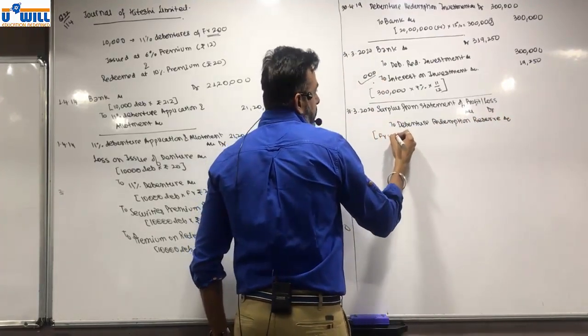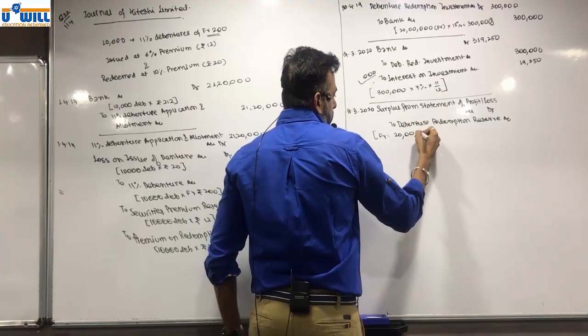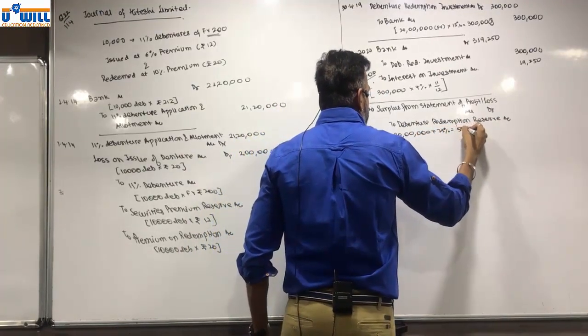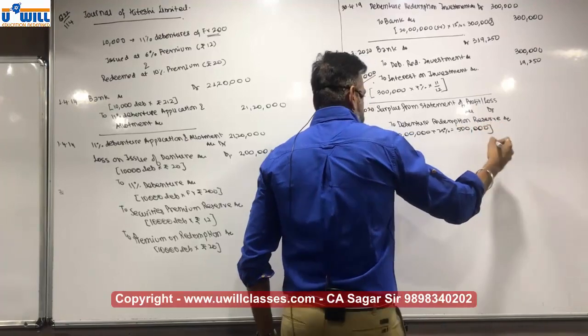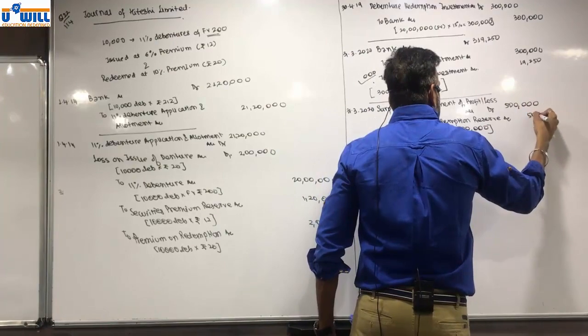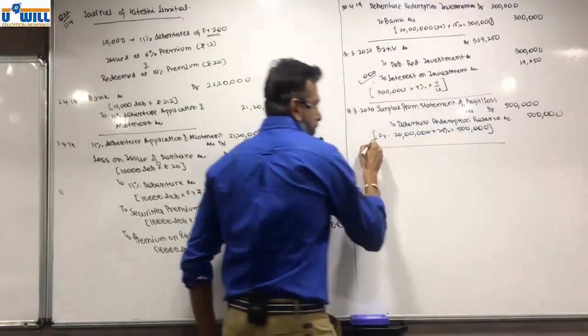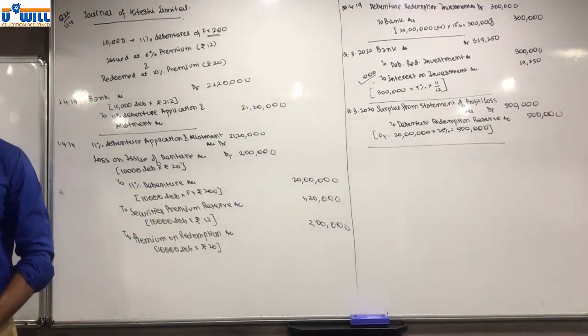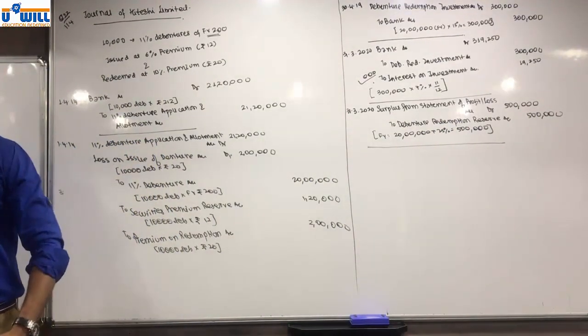Face value of debentures to be redeemed are 20 lakh. उसका 25% which is equal to 5 lakh. Got it? Don't forget these entries, okay? ये भूल जाओगे तो जनरल रिजर्व भी भूल जाओगे.